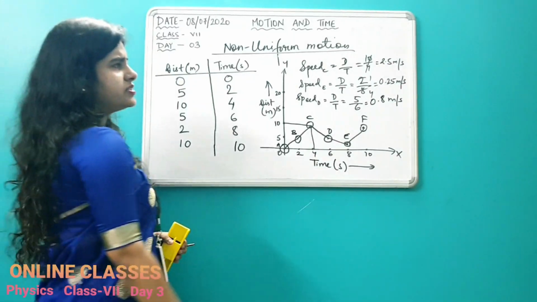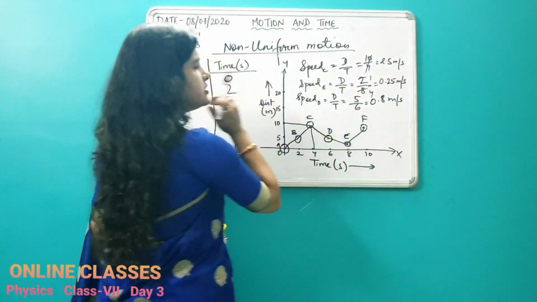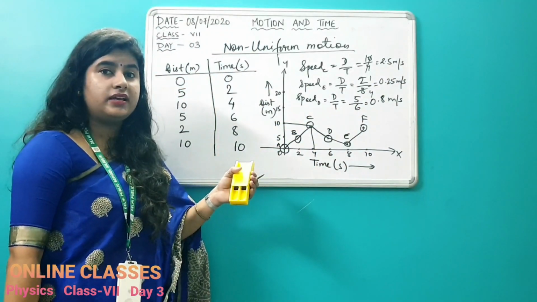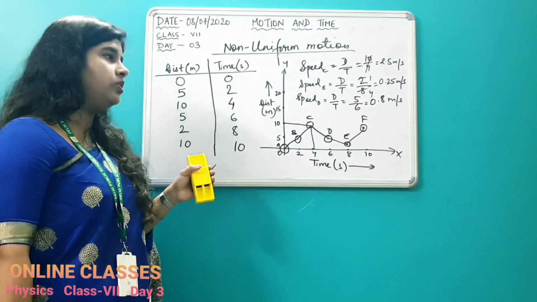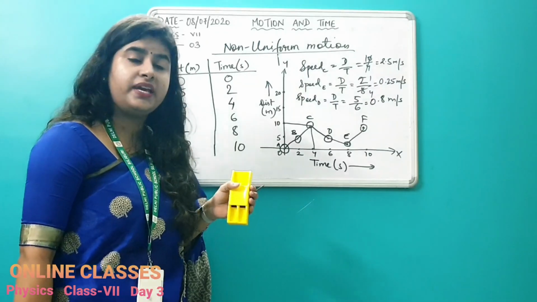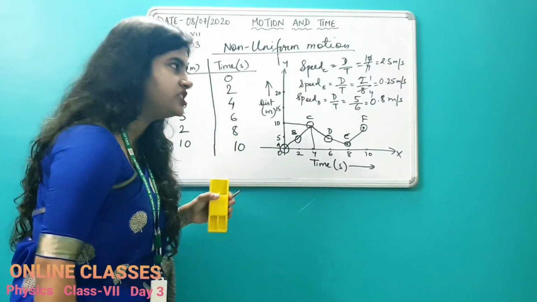Alright, what do you see? The speed of the journey is not the same at every point. Speed keeps on changing. And as I told you before, for non-uniform motion, it is not possible for us to calculate the speed. You are going to find out the average speed.